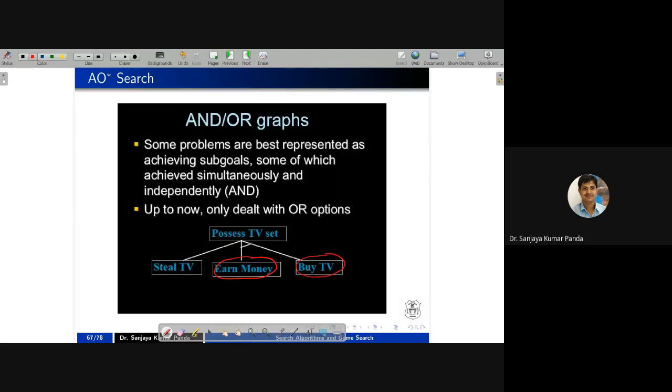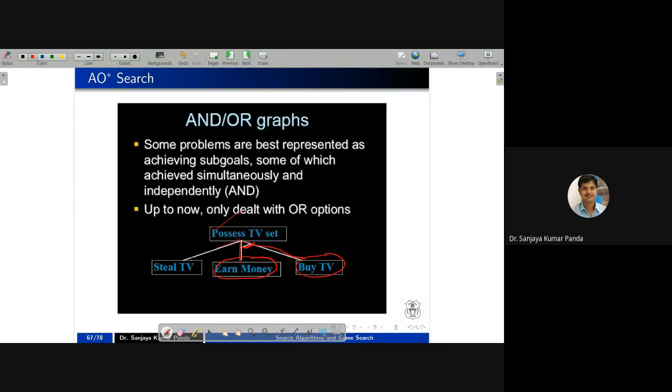So here you can see there is a line, right? What it says: in order to possess a TV set, you need both. Only if you earn money can you purchase the TV. So both events need to occur. You cannot buy the TV if you are not earning money, right?